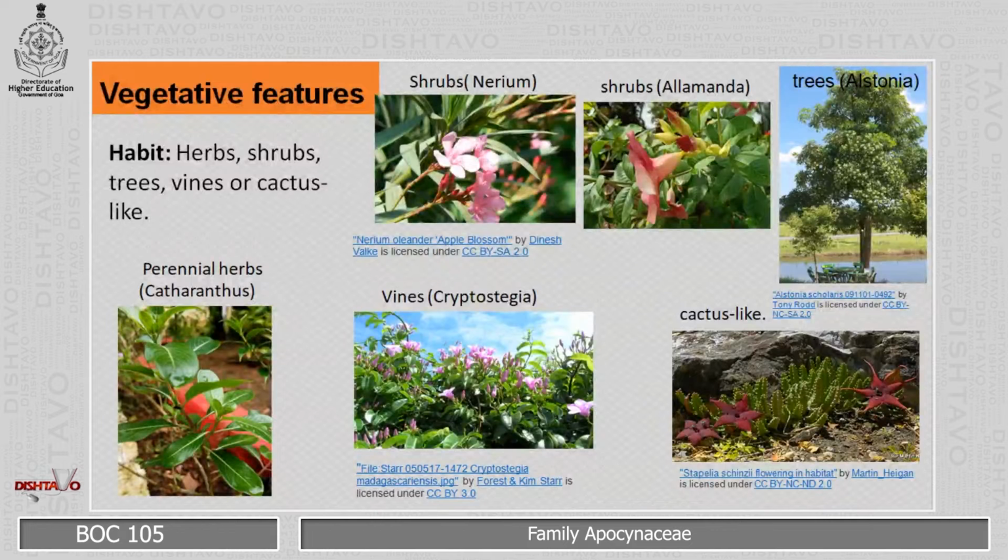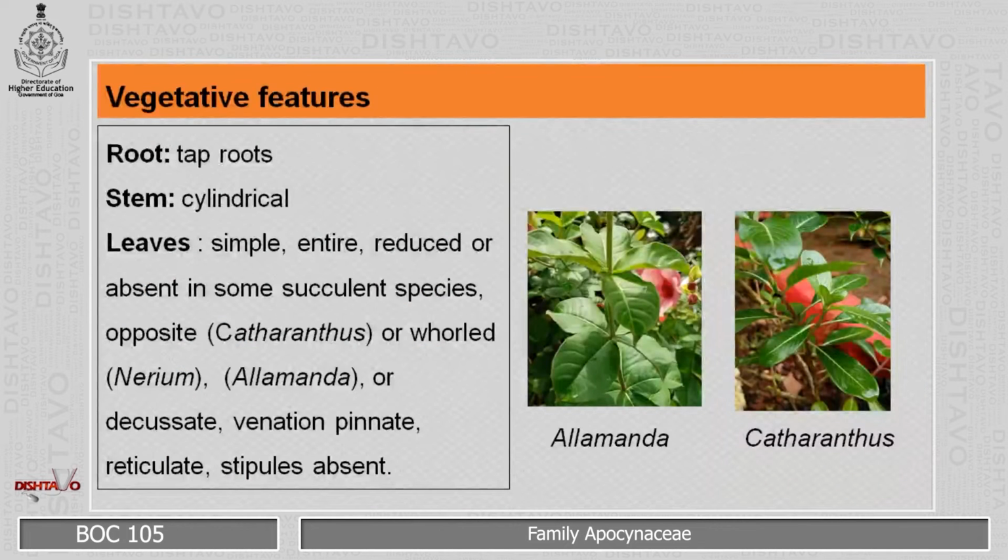We have another one, Nerium, which is a shrub, also very common, along with Allamanda, also a climber. So these are shrubs. Trees are very few in this family. We have trees like Alstonia, and plants with cactus-like structures where the leaves are very much reduced.